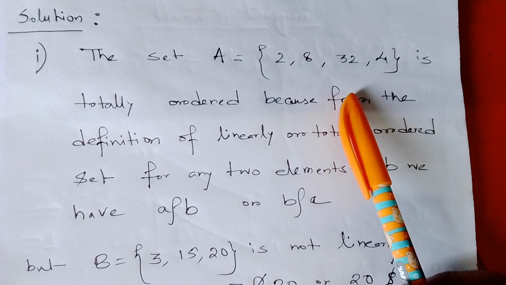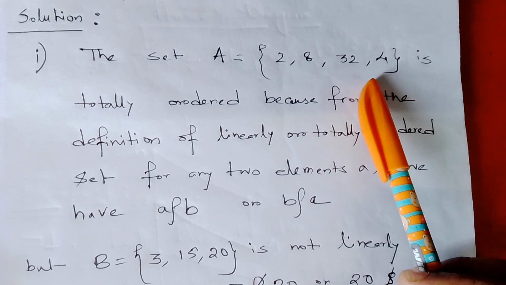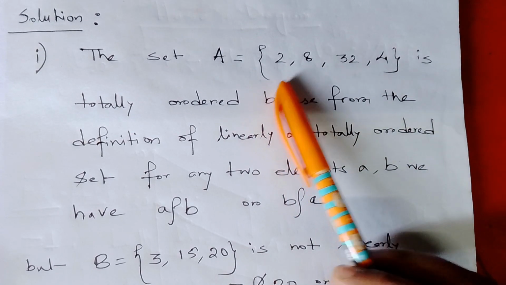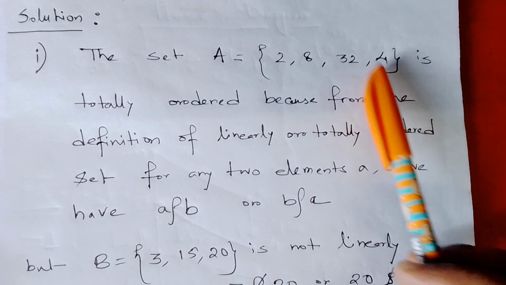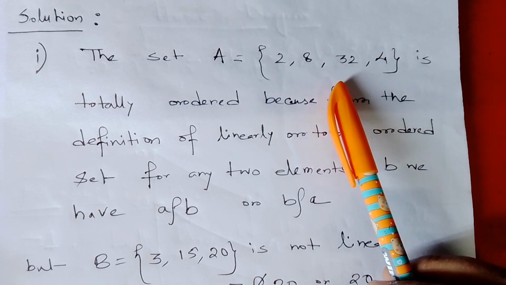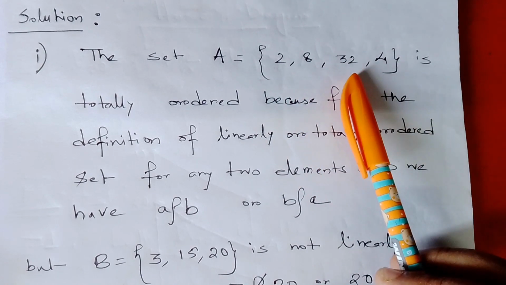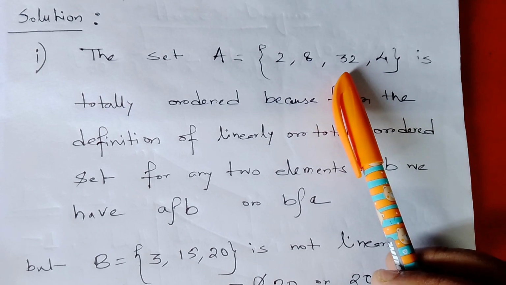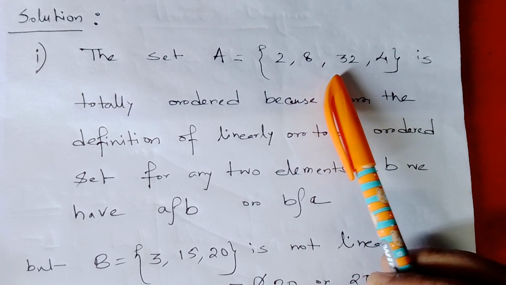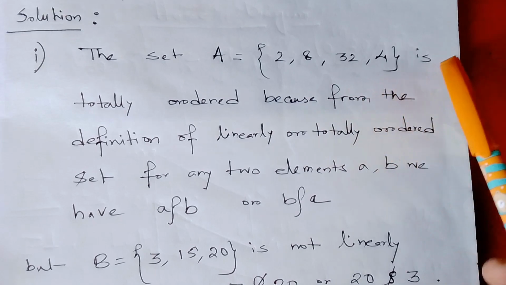So if we pick the set A consisting of 2, 8, 32 and 4, let's pick any two elements, like 2 and 4. Here 2 will divide 4 obviously because 2 into 2 is equal to 4. Or if we pick 8 and 32, 8 will divide 32 because 8 into 4 is equal to 32.